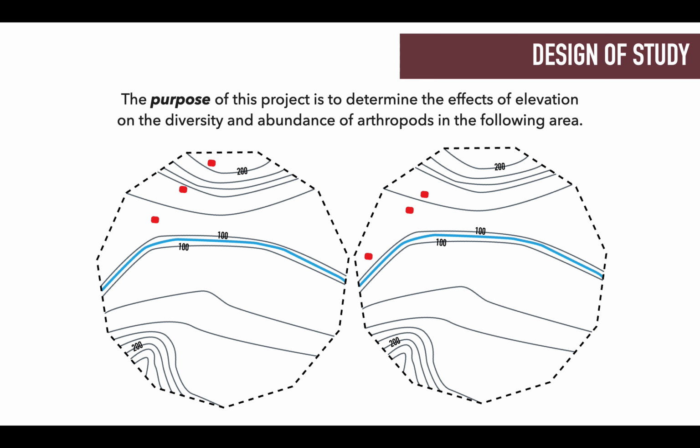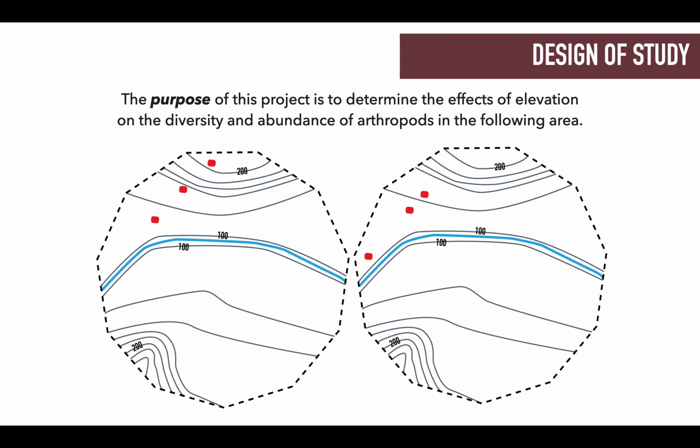Now, if we look at this breakdown, we have a topographic area, and we have contour lines that are providing us some idea of what the elevation is. If I look at the left-hand side image, I can see that they're relatively spread out in terms of elevation. But if I look at the right-hand side, I notice that the elevation is relatively consistent.